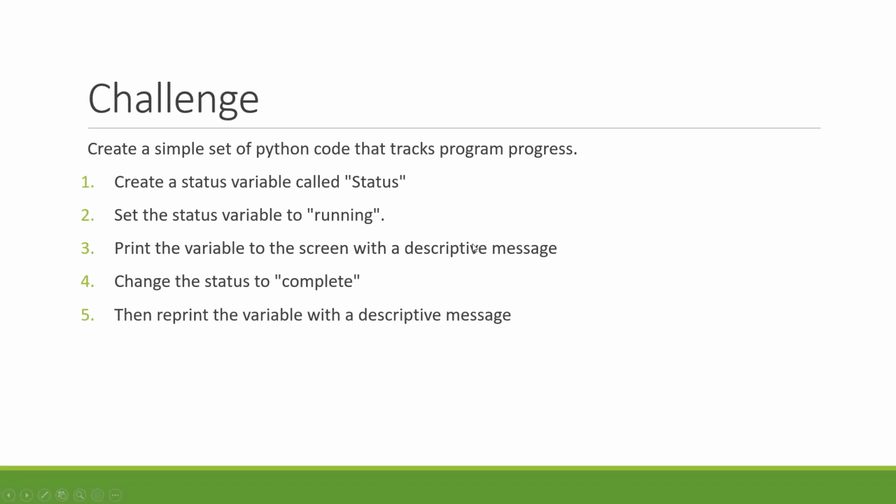Print that variable with some kind of descriptive message, and then go ahead and change the status to complete and print that descriptive message. All right, those instructions look okay to everyone? Go ahead and tackle that challenge.